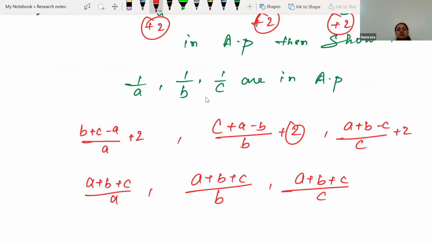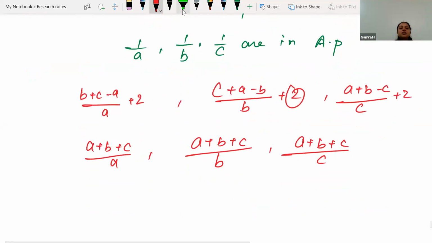Yes, ma'am. Now let's divide each and every term by A plus B plus C, because we are allowed. This is also in AP, because we have added the same number to each and every term.